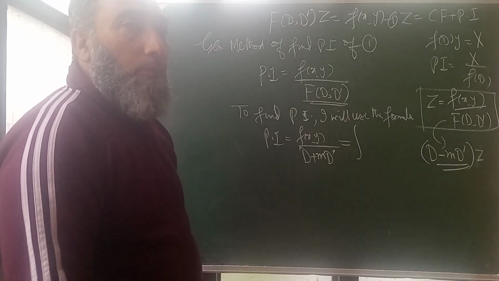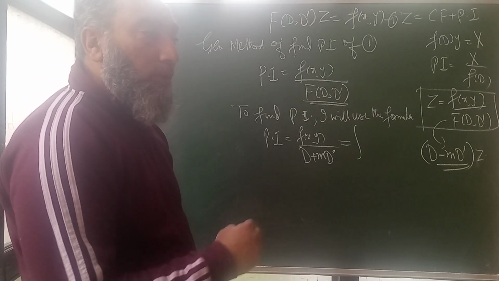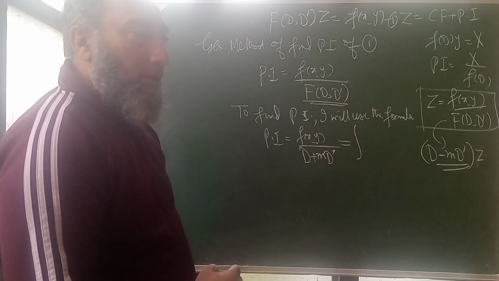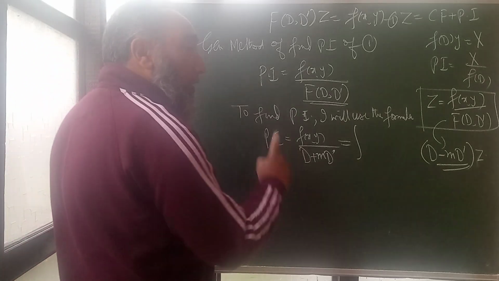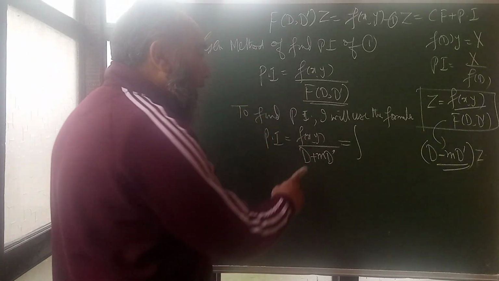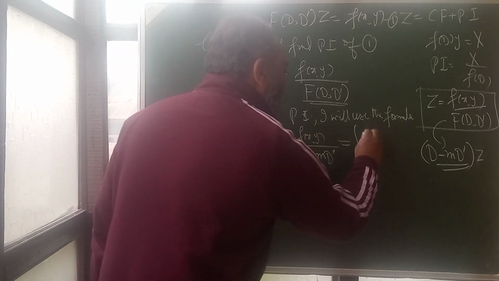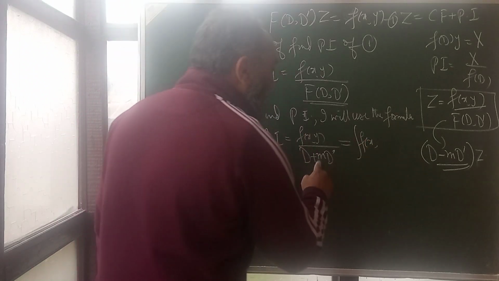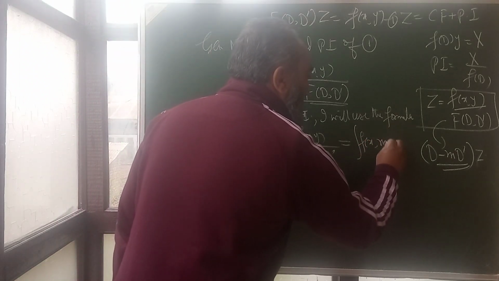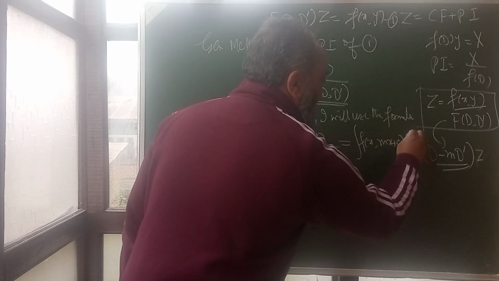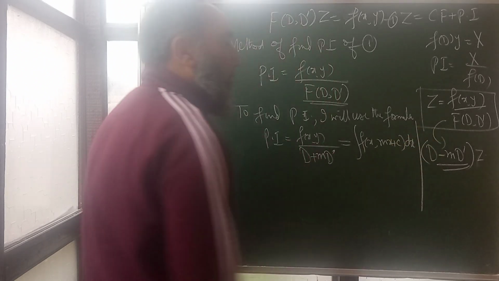For two factors I will have two integrals, for three factors three integrals, and so on. Now I will take up the integrals one by one. So I have a factor, and I will use the integral of f(x, mx plus c) dx. This is the only formula.